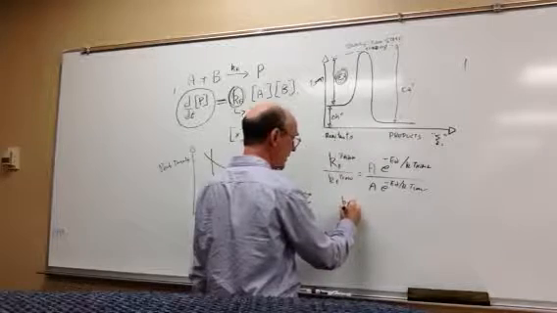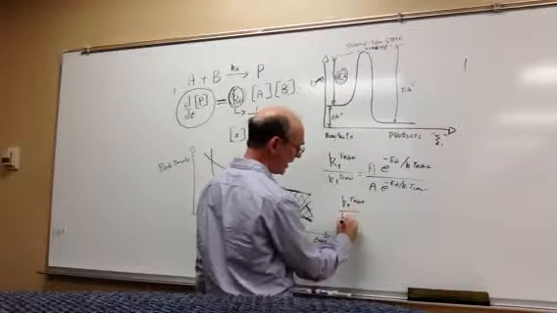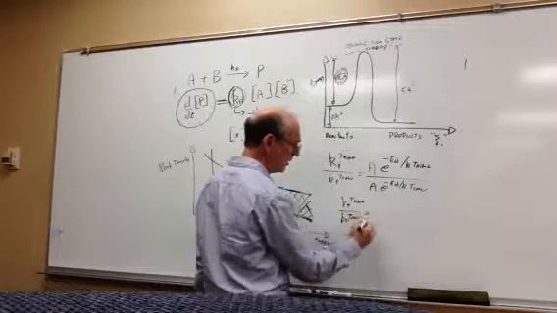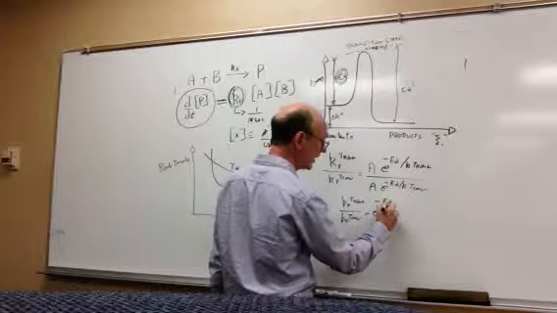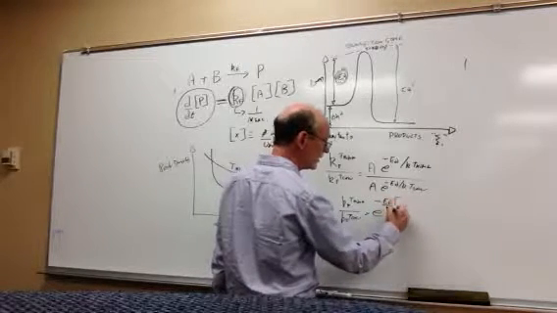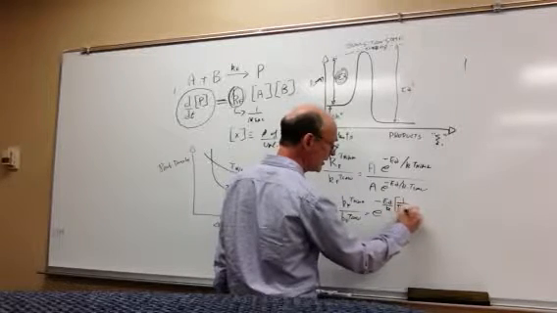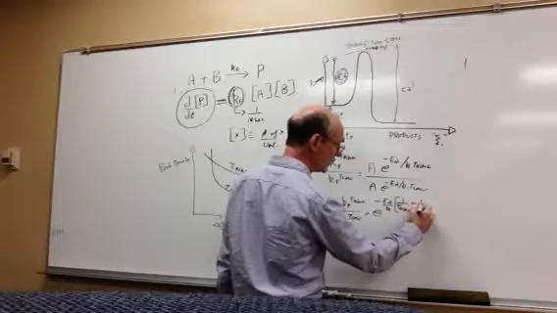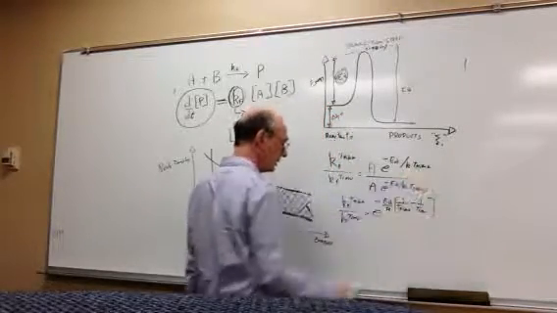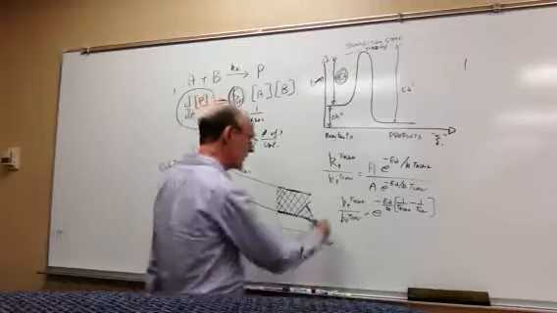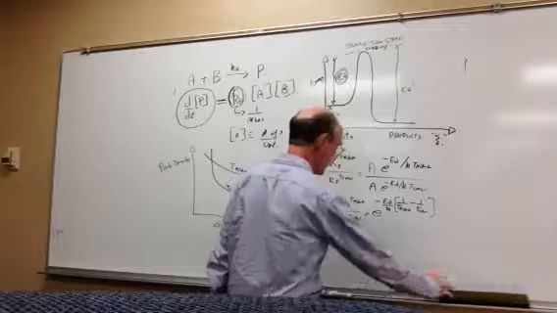So Kf T high over Kf T low is equal to, A cancels out, e to the minus Ea over k Boltzmann multiplied by 1 over T high minus 1 over T low. You just bring this term up over here. That tells you what happens when you raise the temperature.